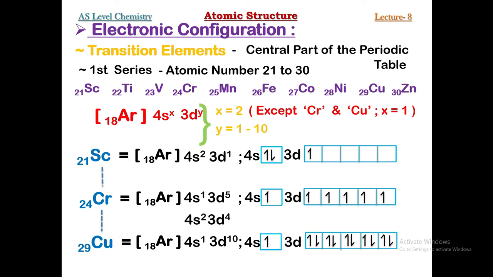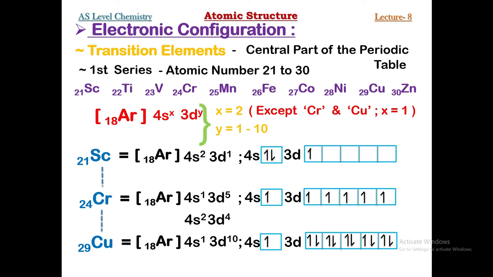What is the problem? 4s is completely filled, it is stable, but 3d has 4, it is partially filled, it is unstable. So just to get stability, one of the 4s electrons is migrated into 3d. So 4s half filled becomes stable, 3d 5 half filled becomes stable.